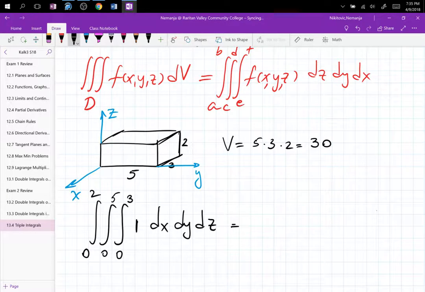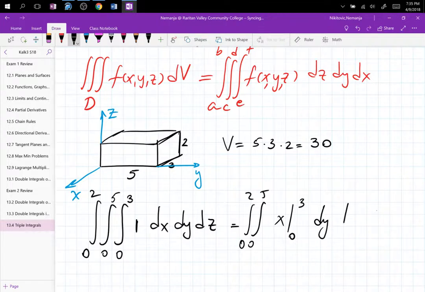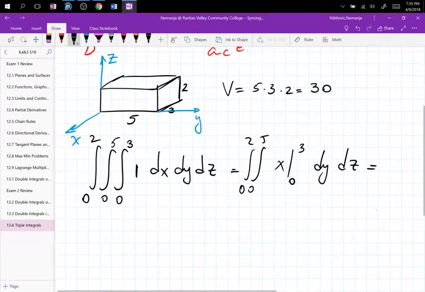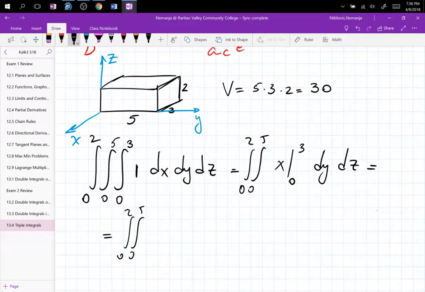So now when you integrate this, you have the double integral 0 to 5 of x computed from 0 to 3, dy dz. They are computed the same way. You go the inner one, then the middle one, then the outer one, and you're done. So this is integral 0 to 5, and this is just now 3 dy dz.